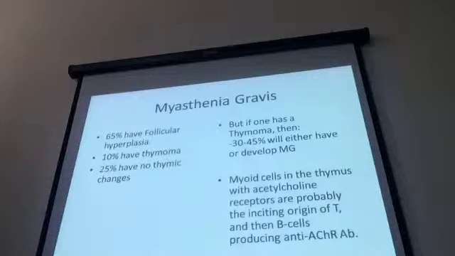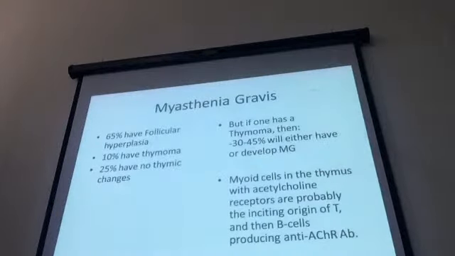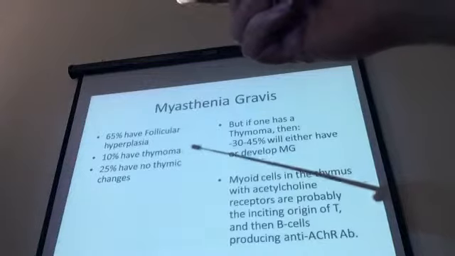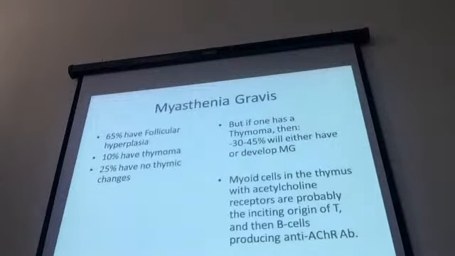On the other hand, if we do have a thymoma, a lot of those patients will have myasthenia gravis. So patients with myasthenia, low prevalence of thymoma. Patients with thymoma, high prevalence of myasthenia. Okay? It's a little different way to look at it.